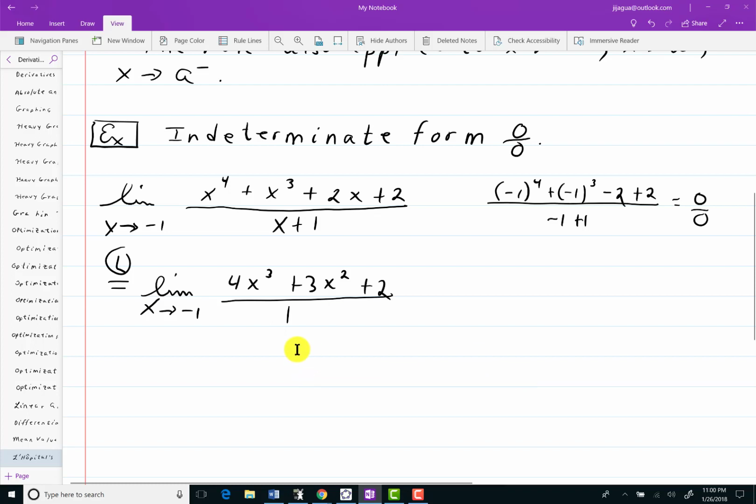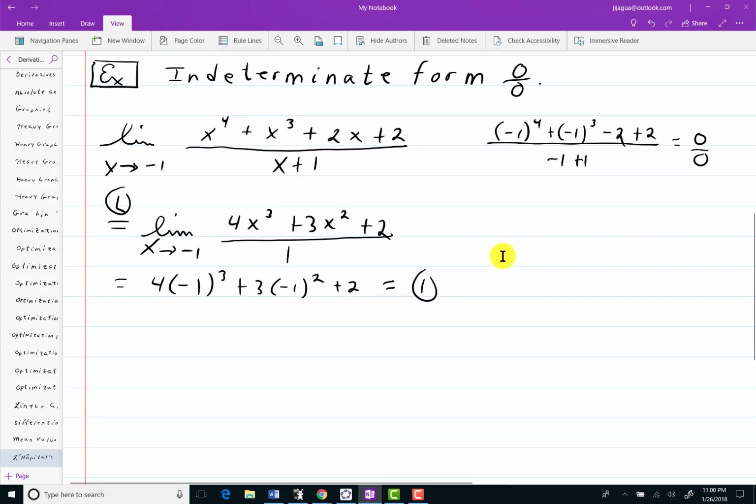And now I'll see if I can just plug the numbers in as before. So I'll see 4 times negative 1 cubed plus 3 times negative 1 squared plus 2. That's going to be negative 4 plus 3 will be negative 1 plus 2. That will equal 1. Now I encourage you, when any of these are done, to go on your calculator and graph it to see if you get the same results that are here, because sometimes you'll have to do some pretty hairy algebraic manipulation to make things work.